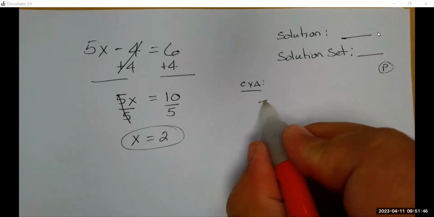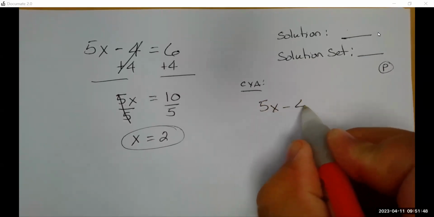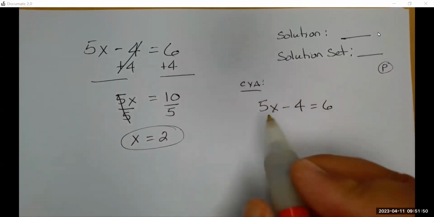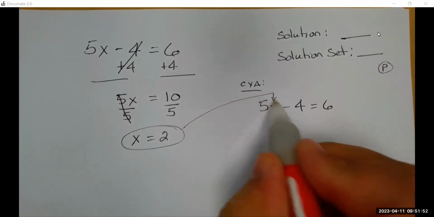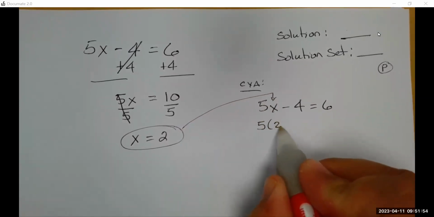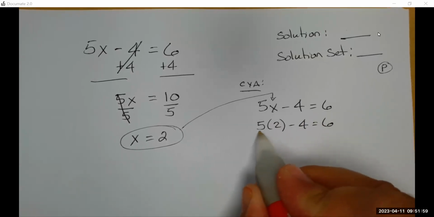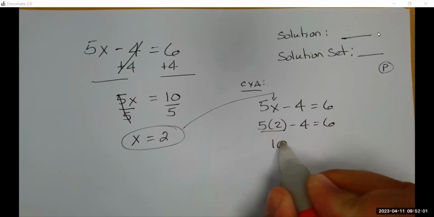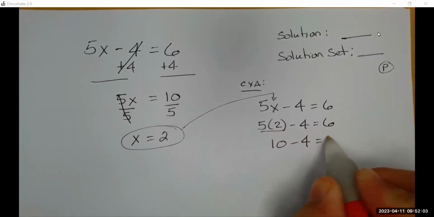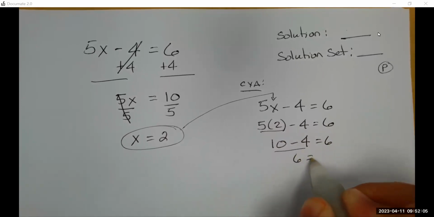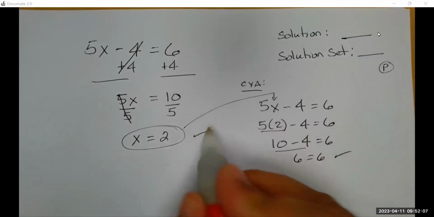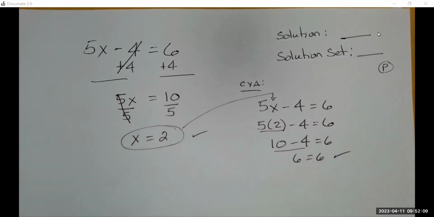And we check the answer. So anywhere I see an x, I put a 2. Order of operations, 5 times 2 is 10. 10 minus 4 is 6. So since that's true, that's the right answer.